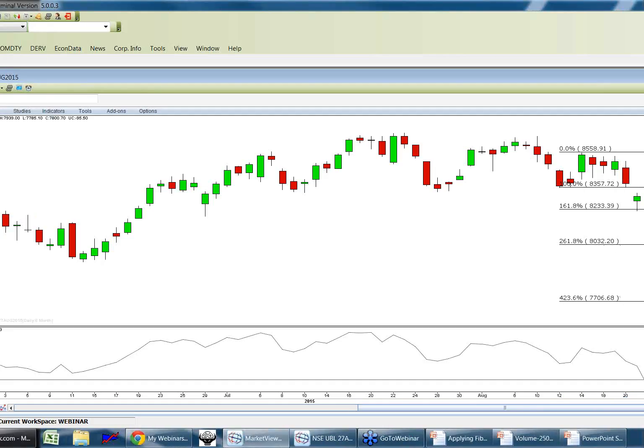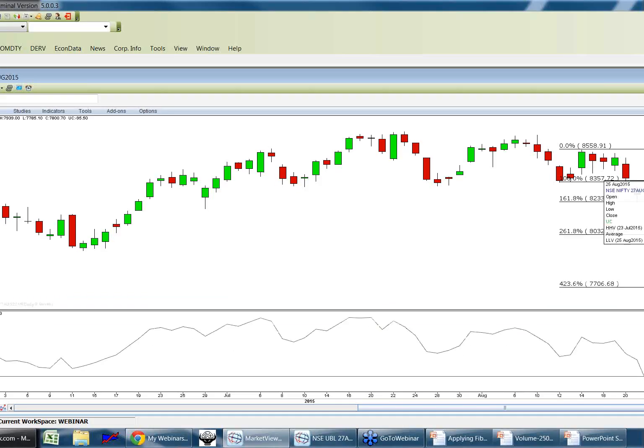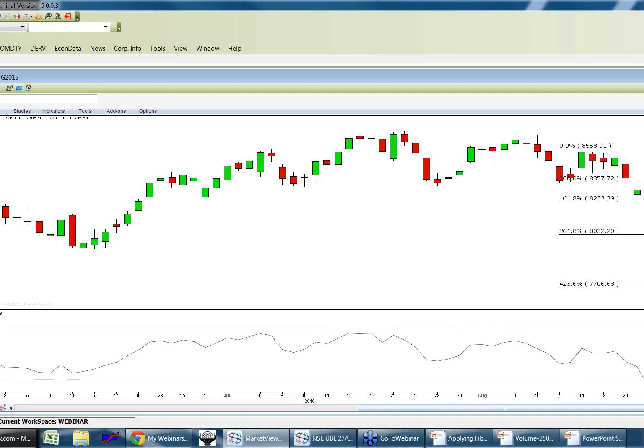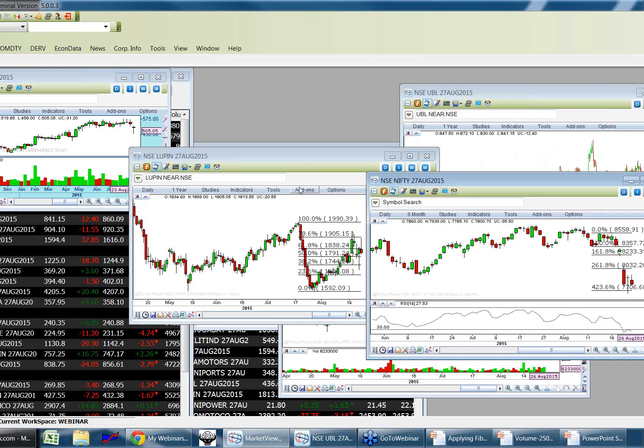It's come to 423.6 and it's formed a shadow out there, and you can see that the supports are holding on. So the test of time will say whether 7700 will be held. But yes, for now we are finding that 7700 is a good downward projection and it's holding. It's an extension.